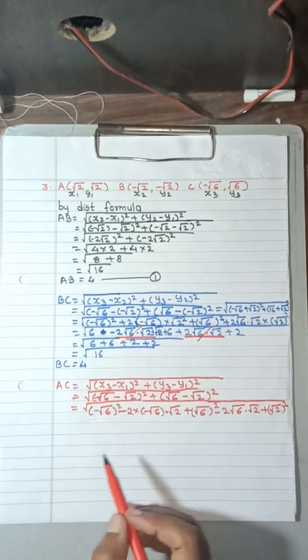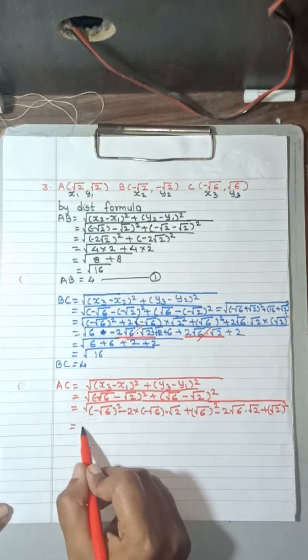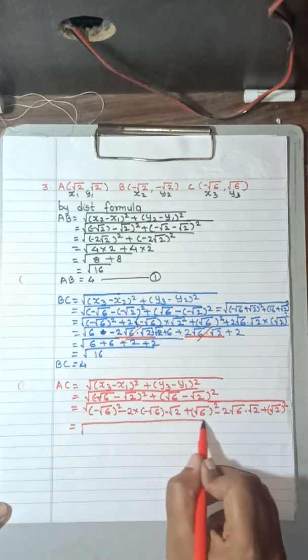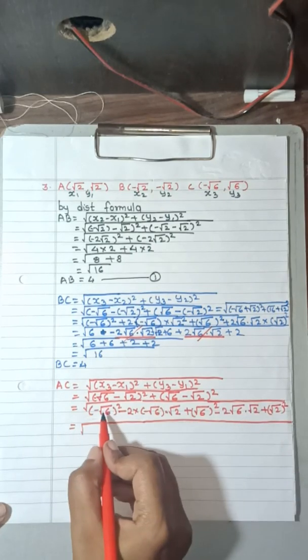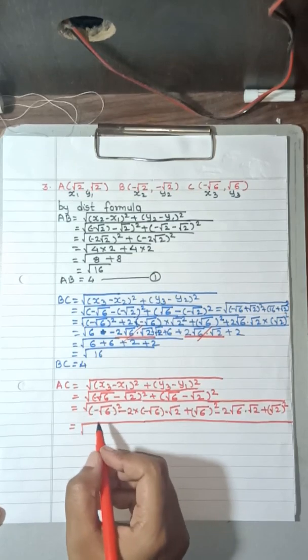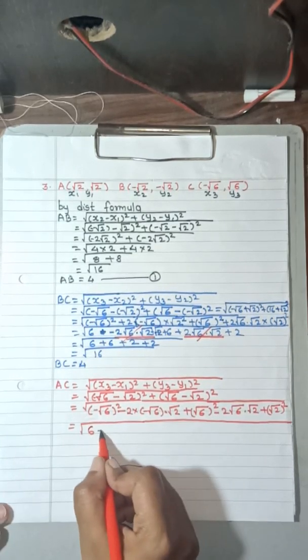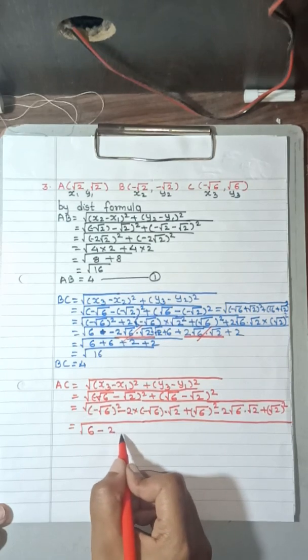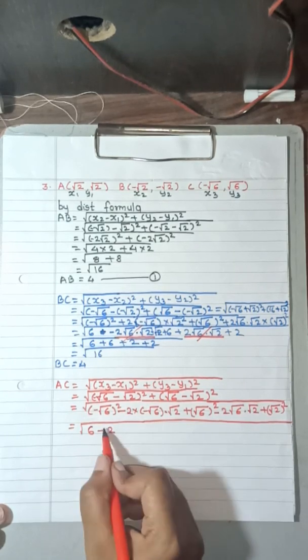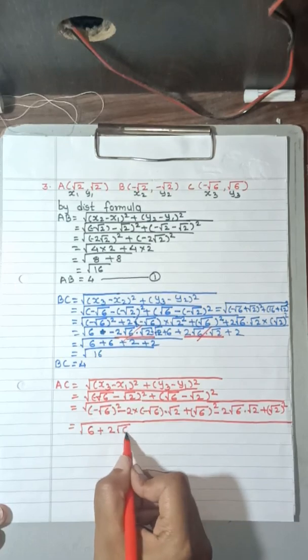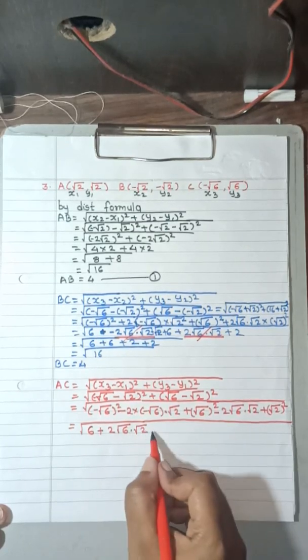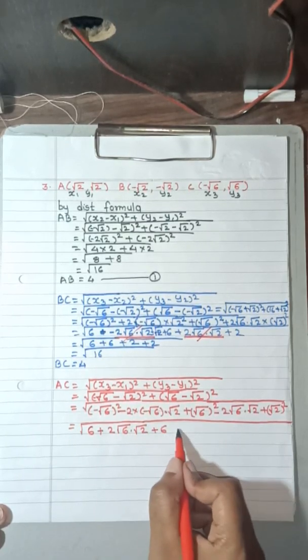So here you can see, children, I'll just put the values first. Minus root 6 square will be plus 6 minus 2, this minus will become plus, plus root 6 into root 2 plus 6.